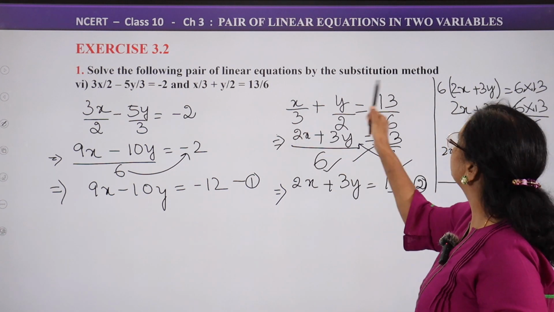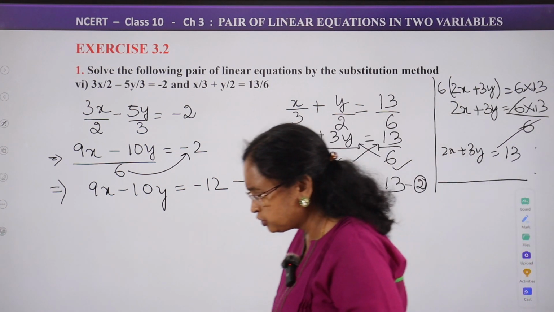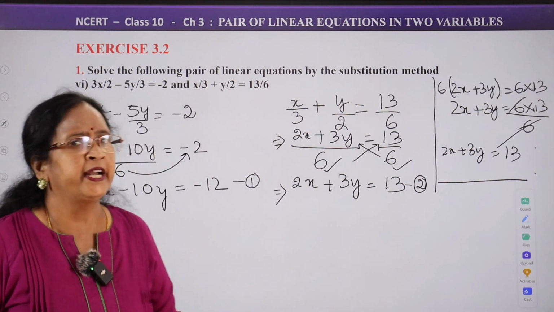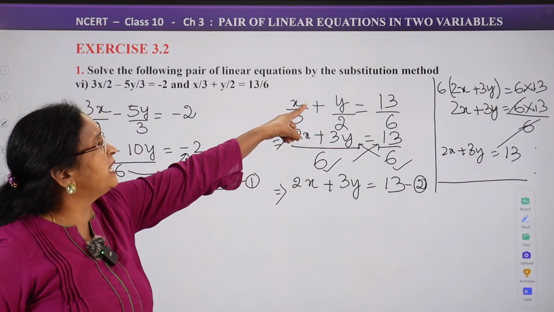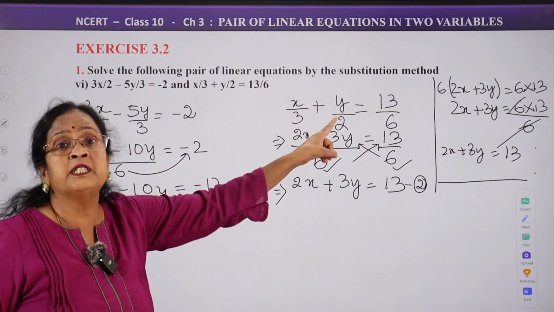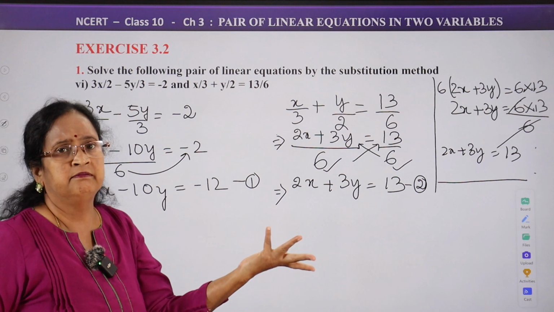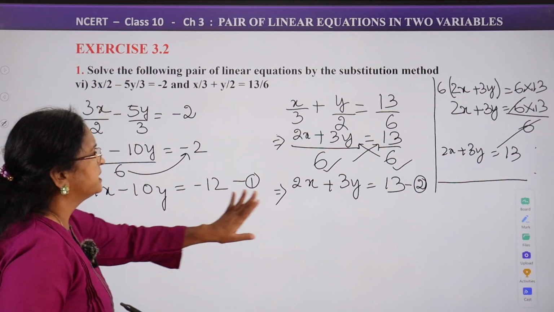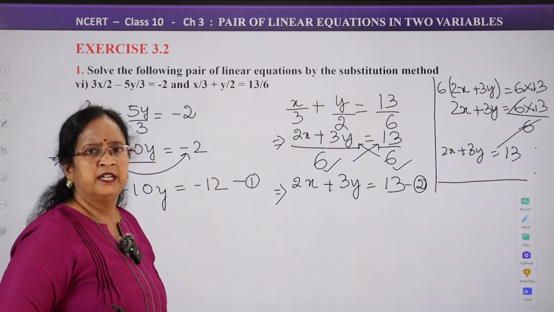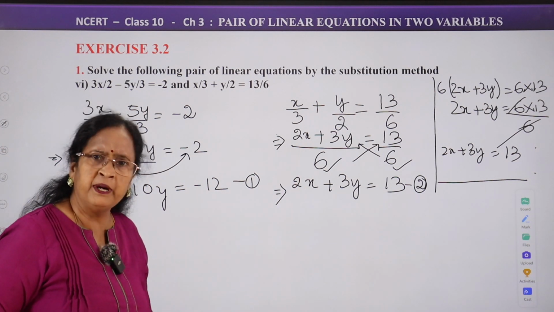Now, what we have to do? We need to solve. Now, solving means what? To find the value of x and y. Now, which method? Specifically, they have told substitution method. Have to do it. So, this is 9x, this is 2x. I prefer taking smaller numbers.